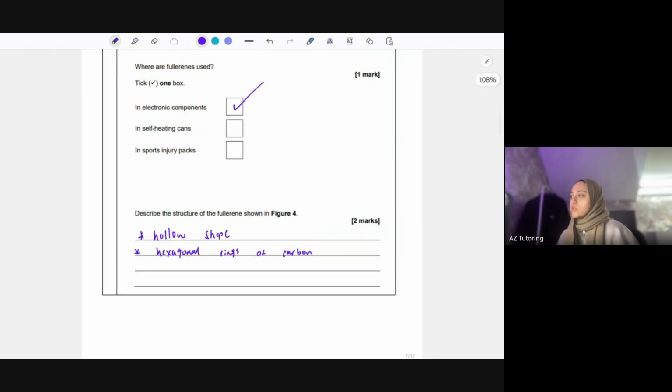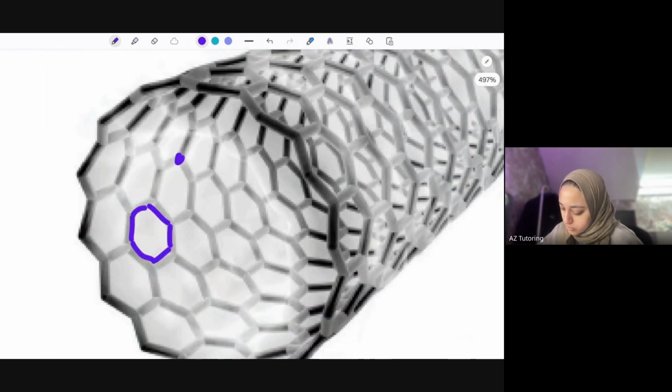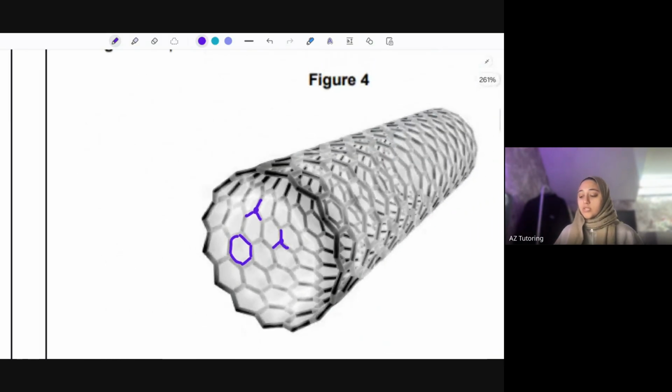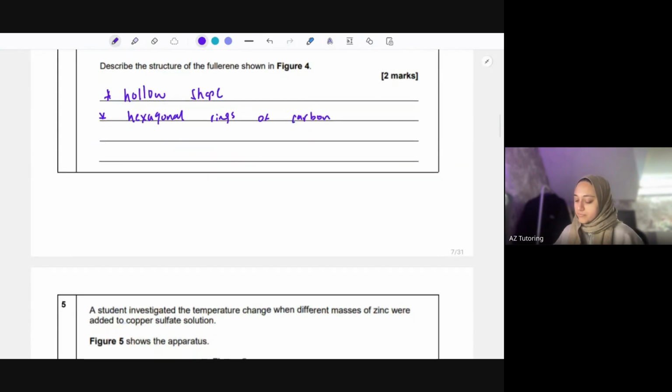You could have also said that each carbon atom forms 3 covalent bonds, and we can see that here as well. So there's 1, 2, 3. Each of them bonding 3. Another one here, 1, 2, 3. So that's where the delocalized electron comes from as well. So yeah, you could have also said that.